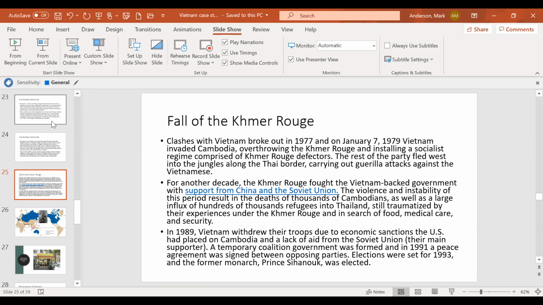I'm not entirely sure. That's why I'm pausing. It says here, and I have to read more about it, that the Khmer Rouge did get some support from China and the Soviet Union, but that deserves a lot more of an explanation, like what kind of support and why. And I actually don't really know.